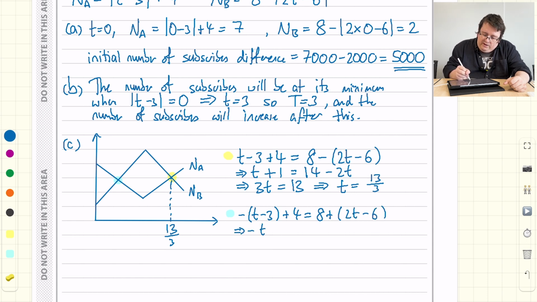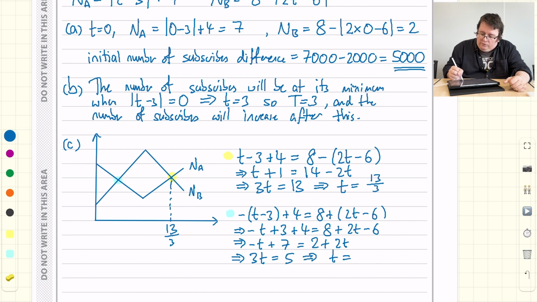Okay, so minus t plus 3 plus 4 is 8 plus 2t take away 6. So we've got minus t plus 7 is equal to 2 plus 2t. So 3t will be equal to 5. So t will be equal to 5 thirds. So that's that point there.